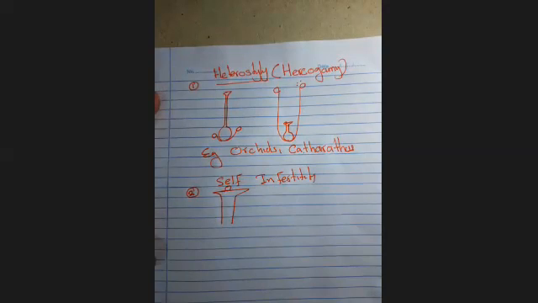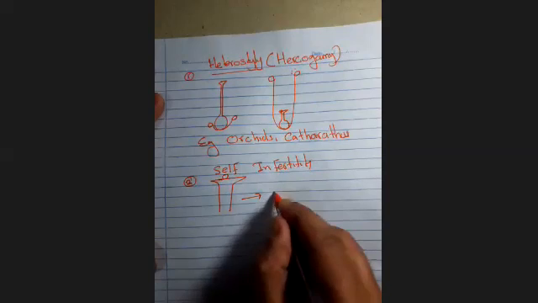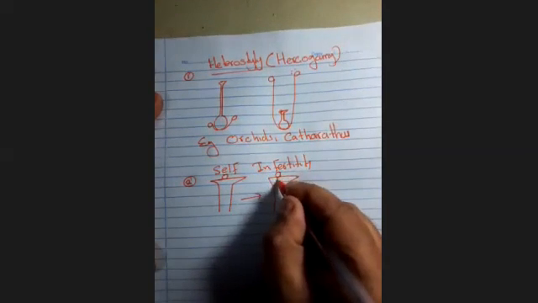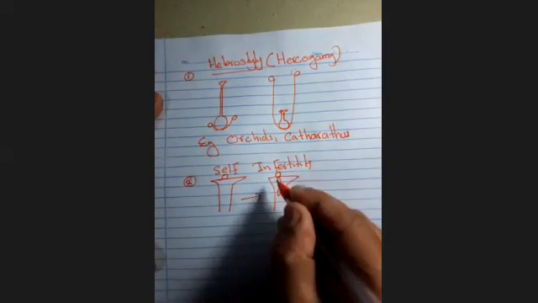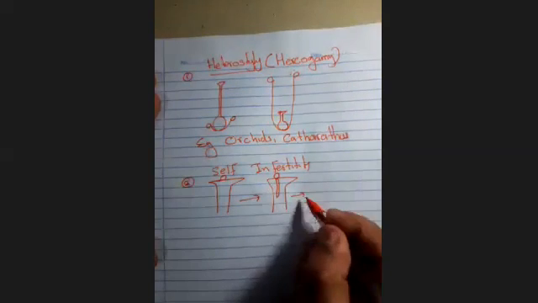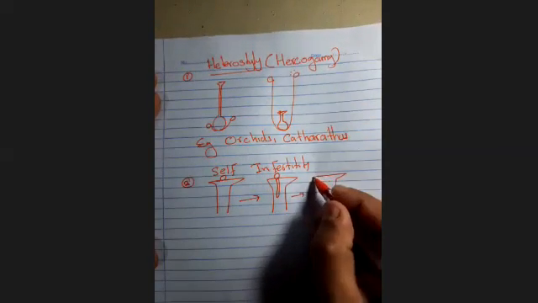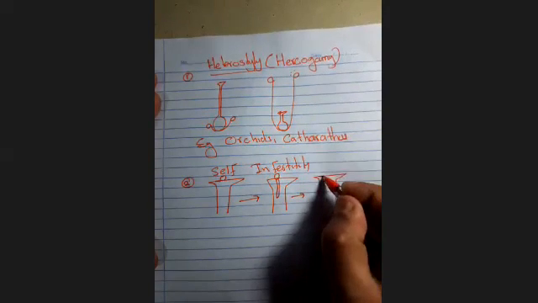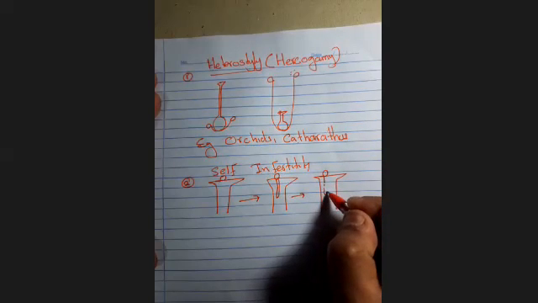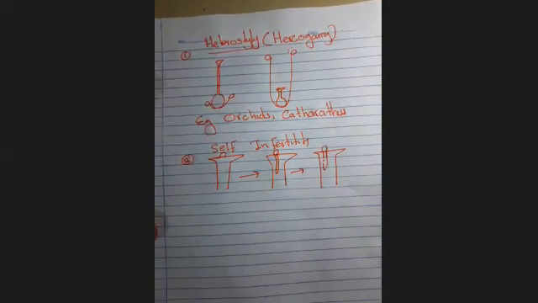No problem, pollen can reach the stigma. Pollen can germinate on the stigma. Now the tube is growing. After growth of a certain length, the pollen tube will be degenerated. Understood?